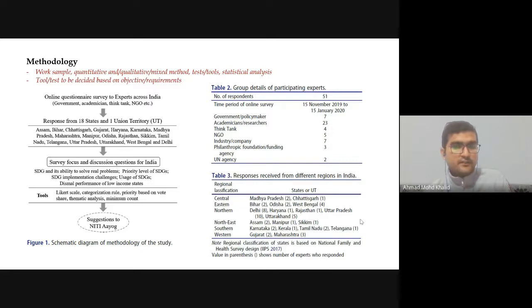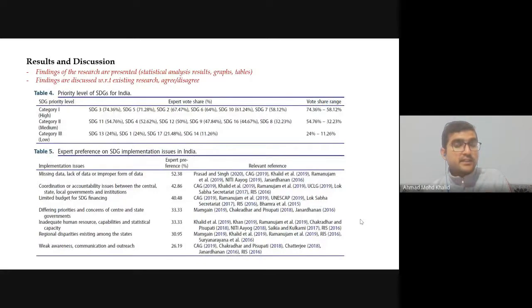So once you have clarified your methodology section, then you conduct your work and you have results and you discuss that. In this part, you will show the findings of your research. The findings of the research can be your statistical analysis results, graphs, or tables, for example.